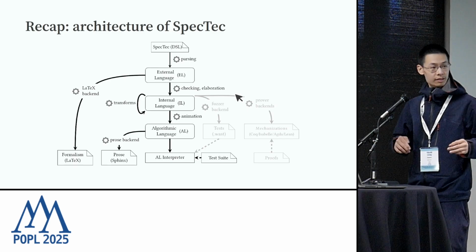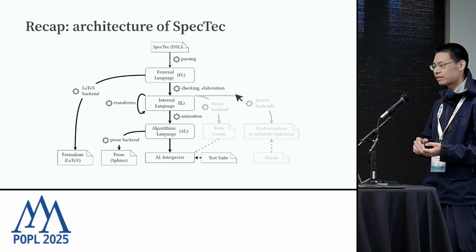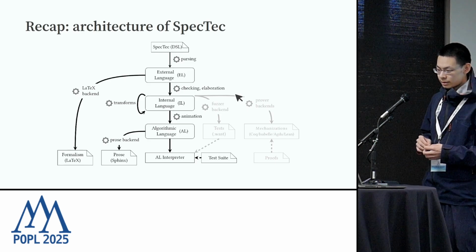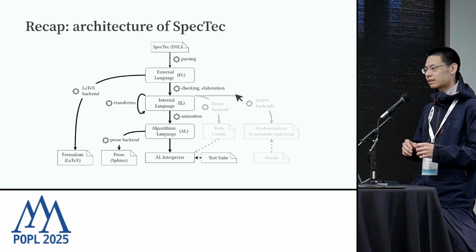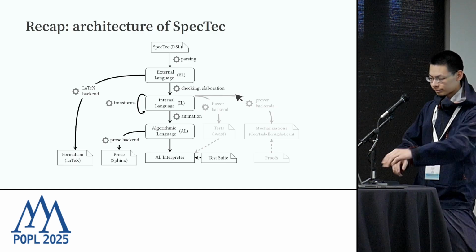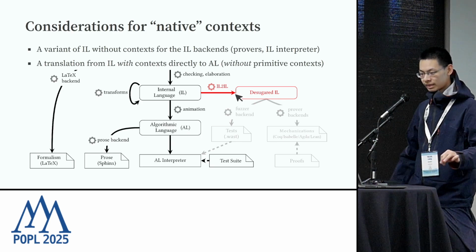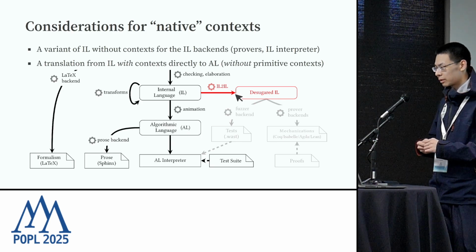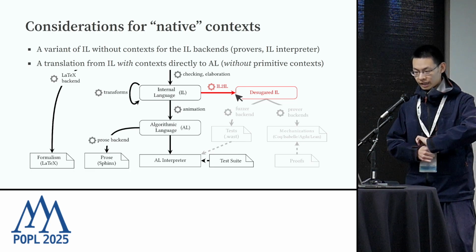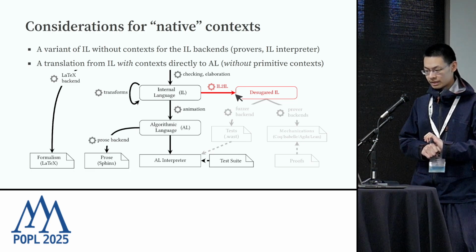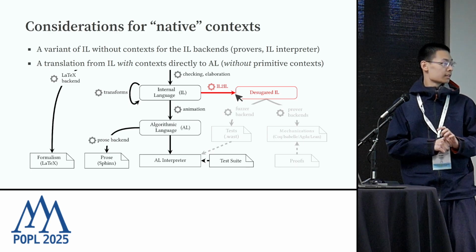But the internal language is the declarative version of the semantics, so it operates on a sequence of instructions. The design that we are pursuing now is to have a variant of the internal language without context.